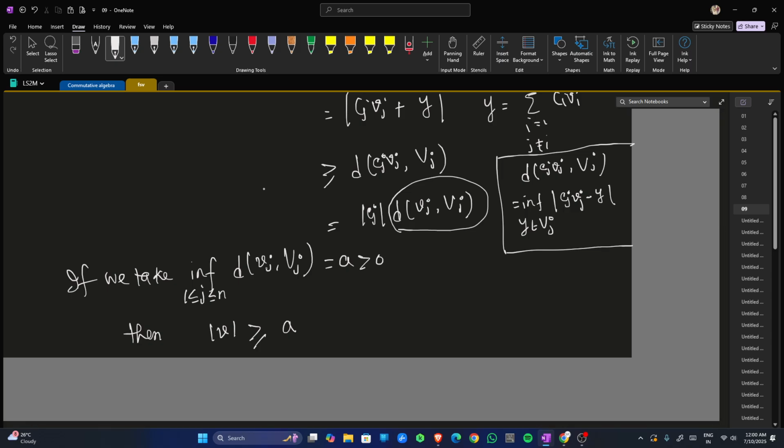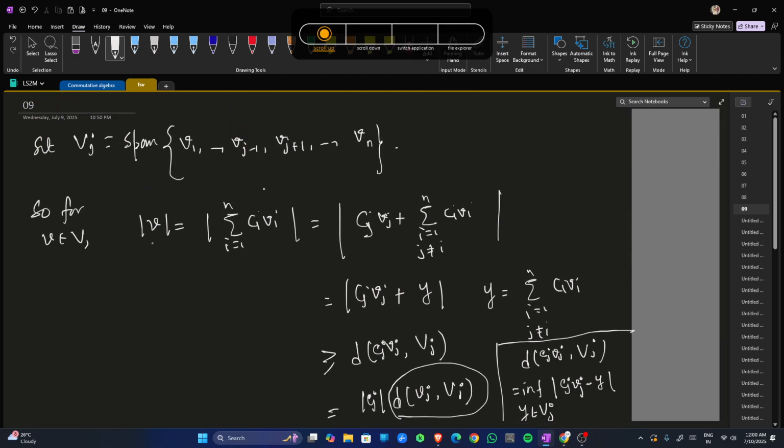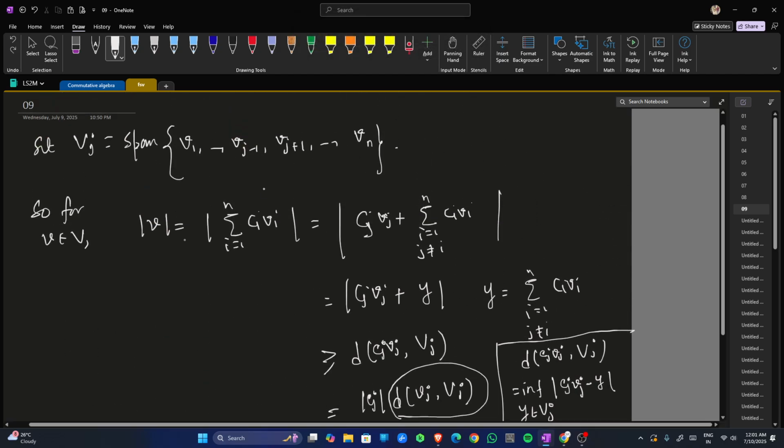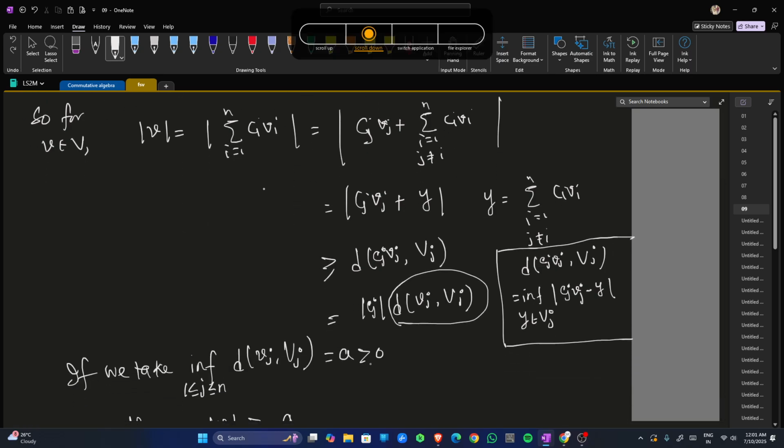If this is strictly greater than 0 when v is non-zero. If v is 0, then there is nothing to prove. We can only say this if v is non-zero, which is strictly greater than zero.